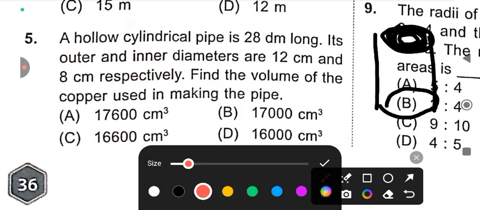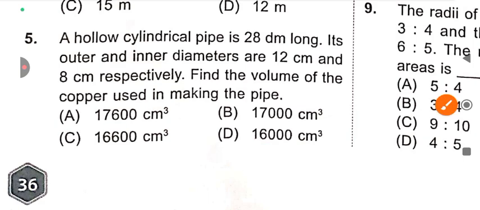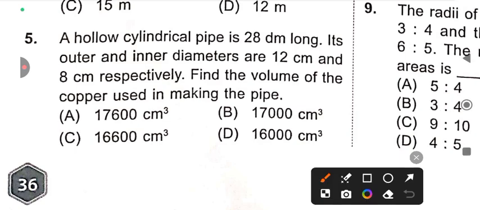Viewing it from the top, we get the outer diameter as 12 centimeter, and the inner diameter is 8 centimeter. So we have to find the volume of copper used. Outer radius would be 12 divided by 2 because it is diameter, so we'll get it as 6, and inner radius will be 4 because we are dividing it.